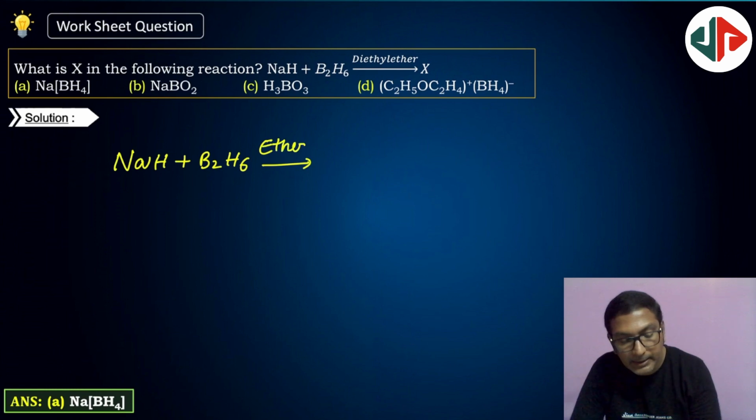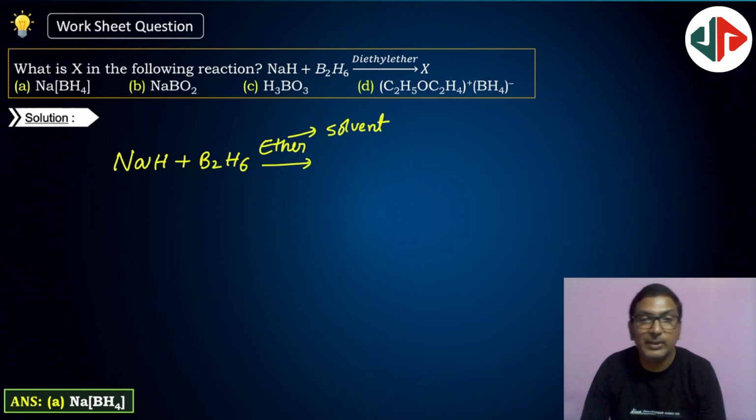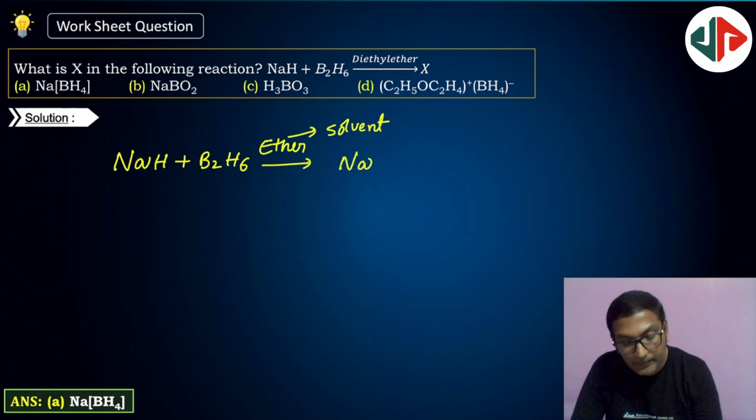Here ether is the solvent. The solvent stabilizes B2H6. So it gives a Na BH4 complex type.